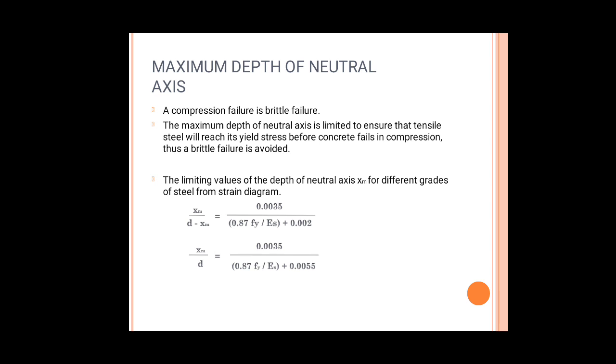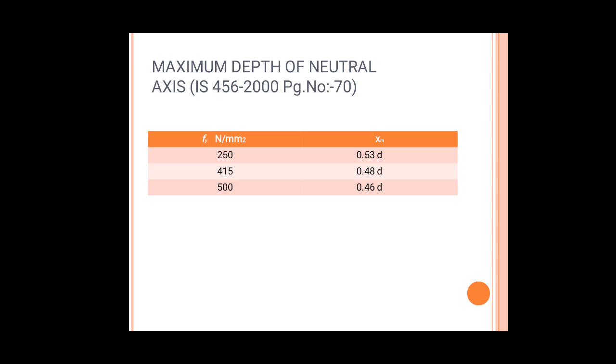One is from the stress strain diagram and another is given in IS 456-2000 page number 70. For example, if we use Fe 250 grade steel, then the maximum depth of neutral axis is equal to 0.53 d, where d is the effective depth of the section. If we use Fe 415 steel, then it should be 0.48 d, and if we use Fe 500, then it should be 0.46 d.